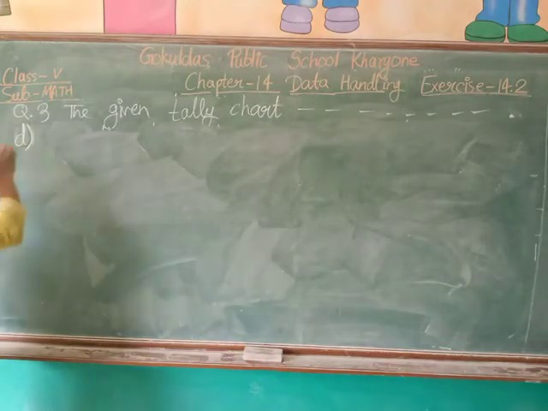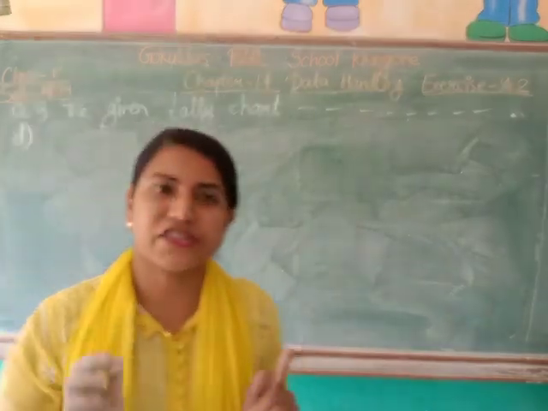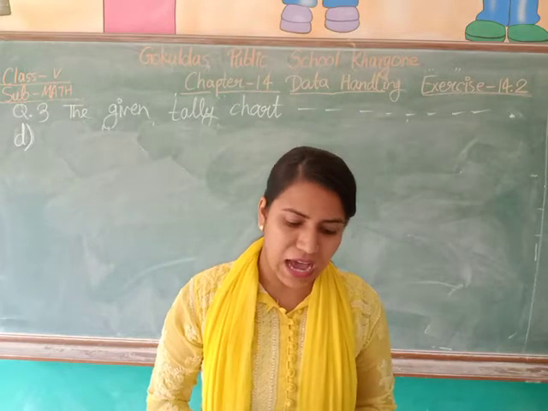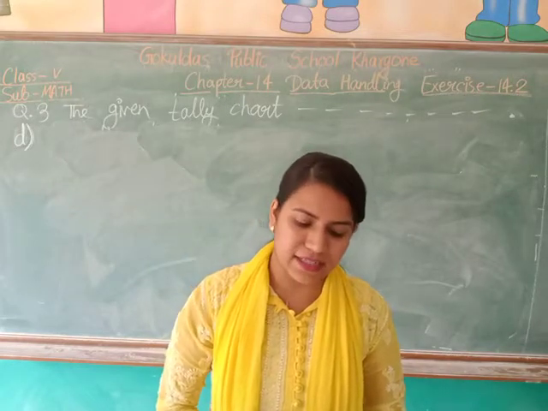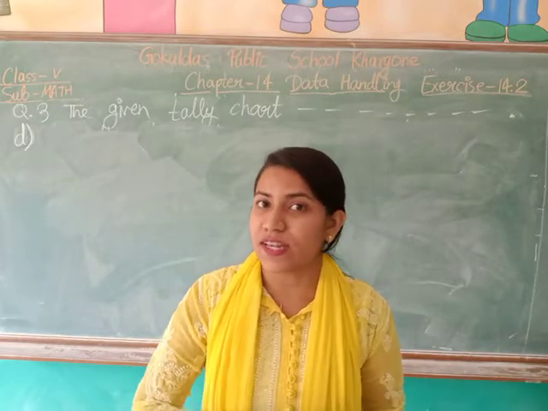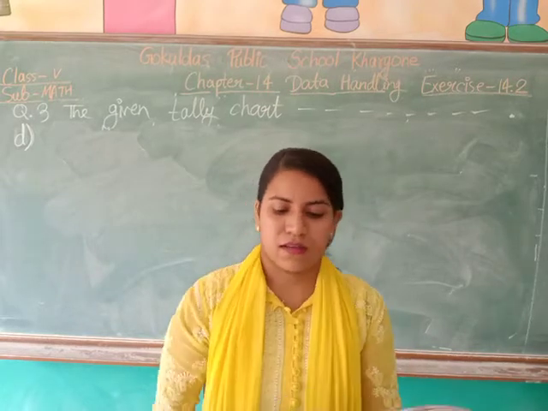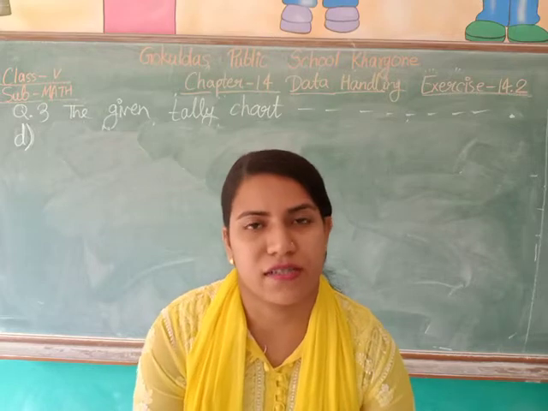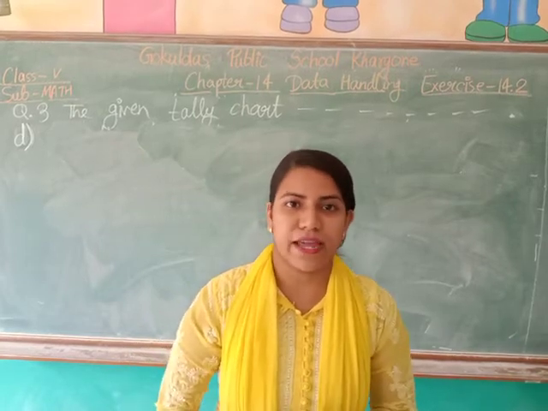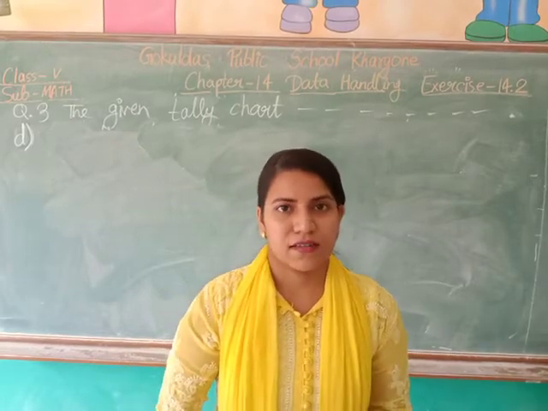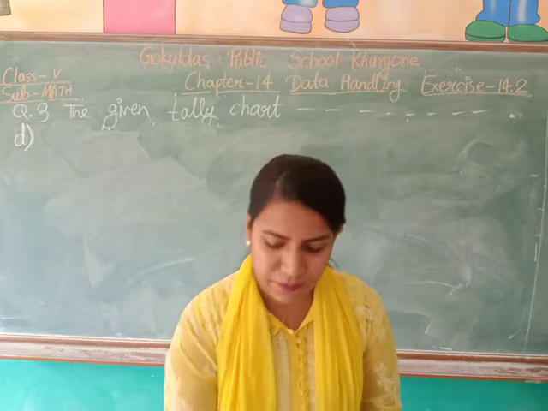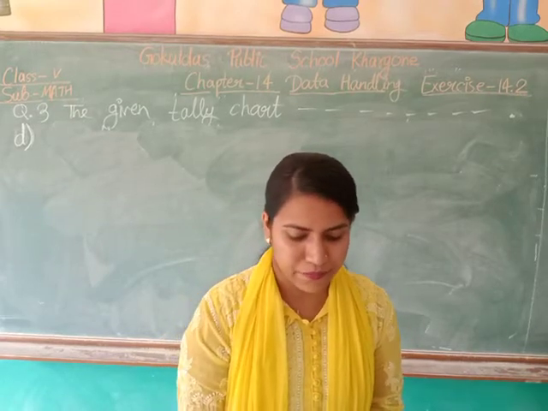Read it carefully. Which two classes are equally attended by the children? Observe the table. Observe the number of students. Which two classes are equally attended by these students? After observation of the table, we can answer it easily.